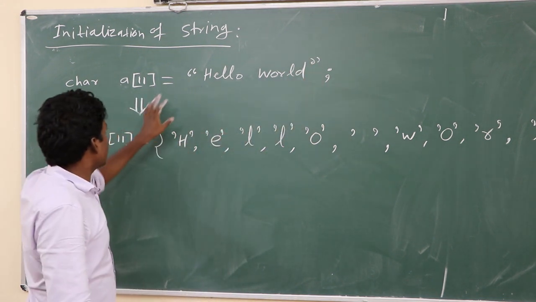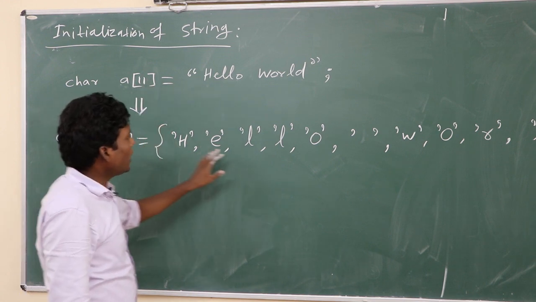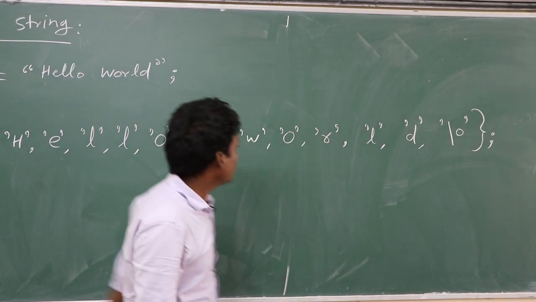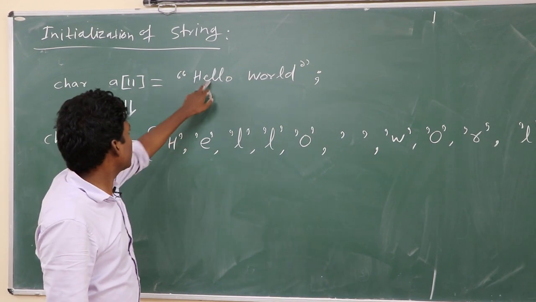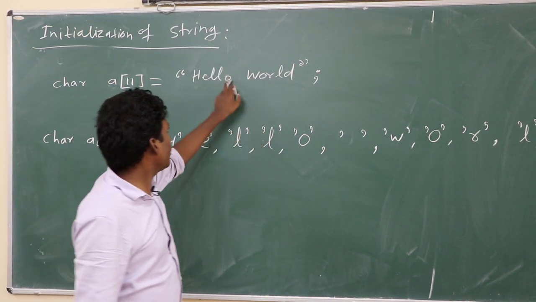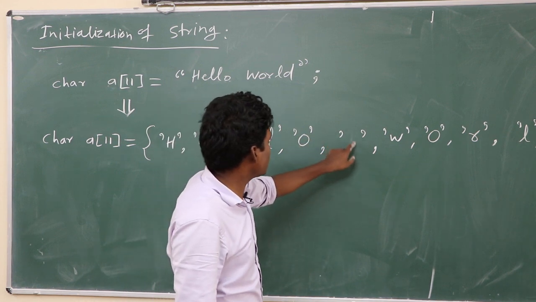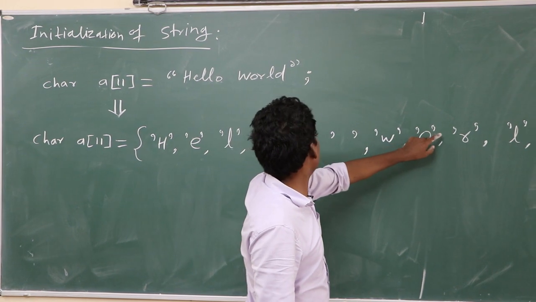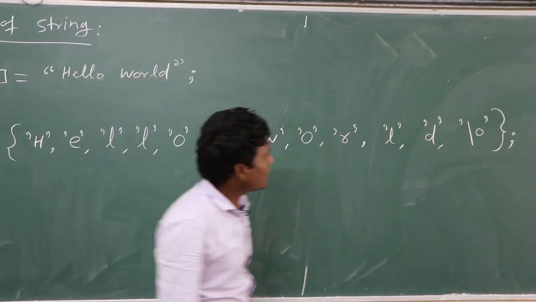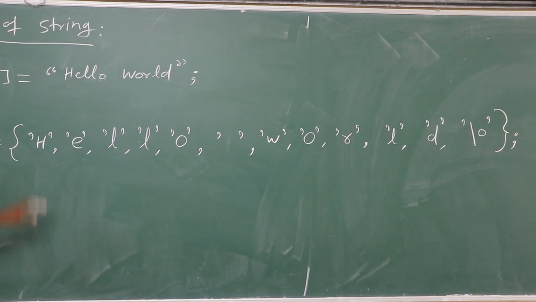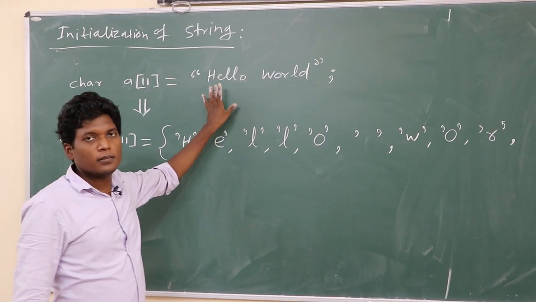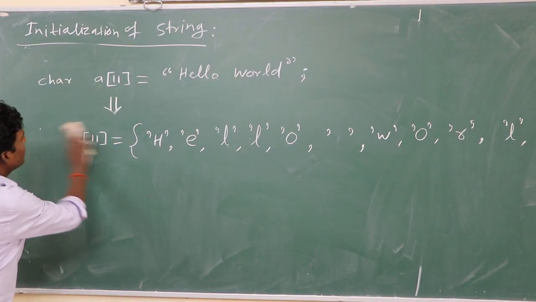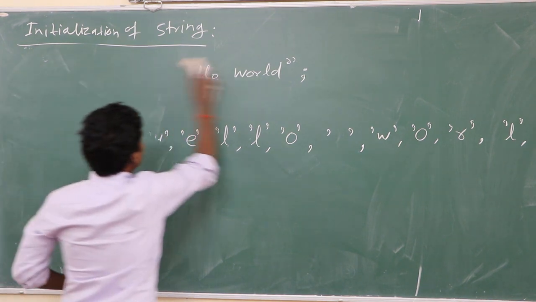But if you initialize it character by character, you have to write \0 at the end. So H, E, L, L, O, a space, comma, W, comma, O, comma, R, comma, L, comma, D, in last null character. Okay, you may choose any one method to initialize a string. Now we are going to describe some problems on string.